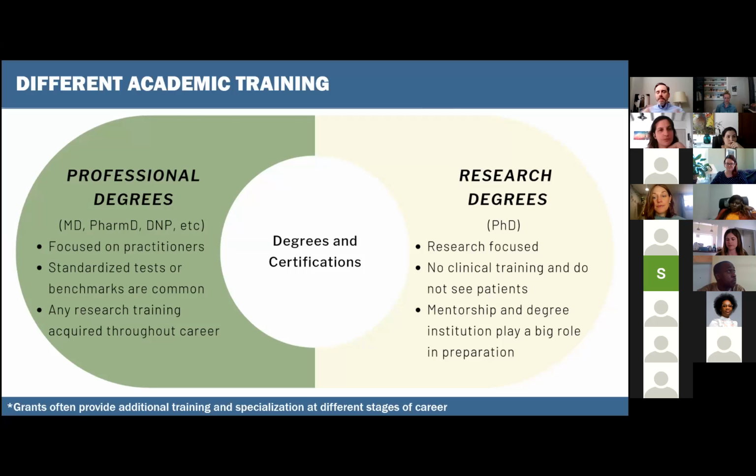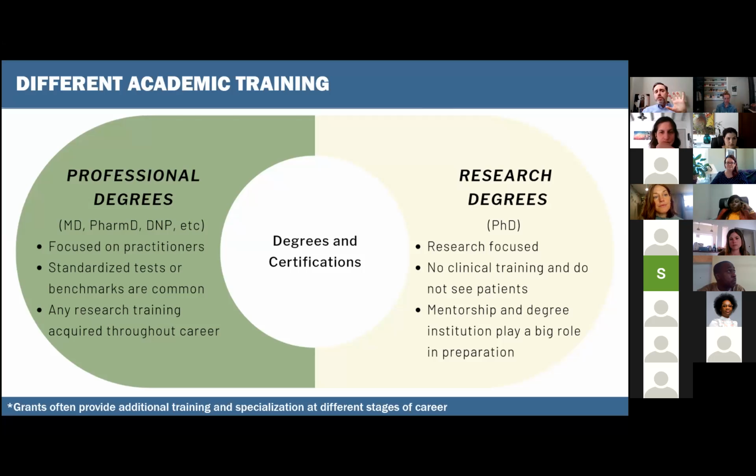And so on this slide, what I'm trying to talk about is that even within our individual investigators, you can have differences. And what I have here on the slide is kind of on the one side, I have professional degrees. So for us, these are things like the medical degree, where someone is a physician, or they're a professional nurse, or a pharmacist, right?